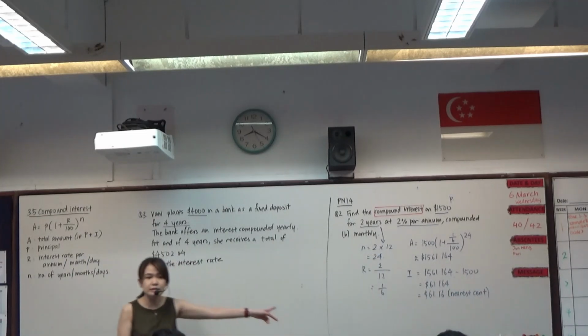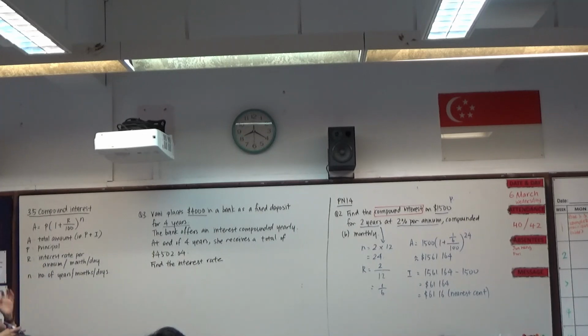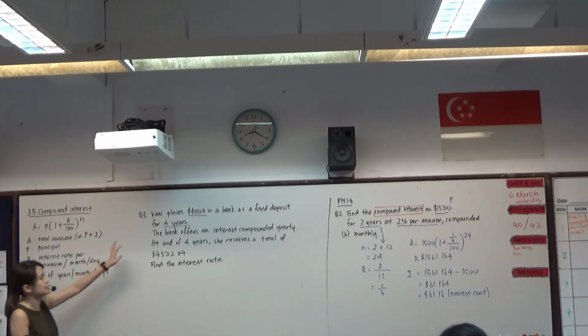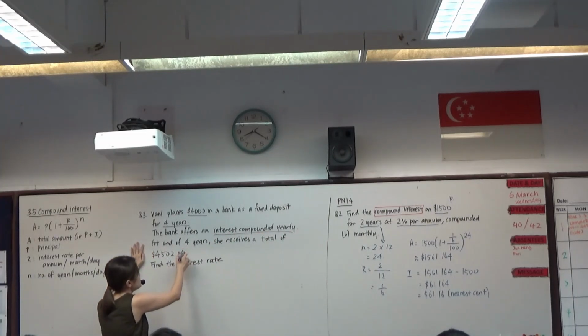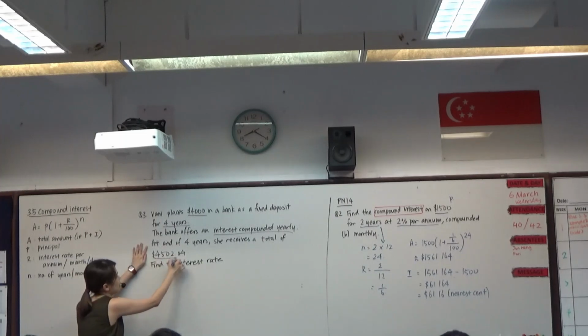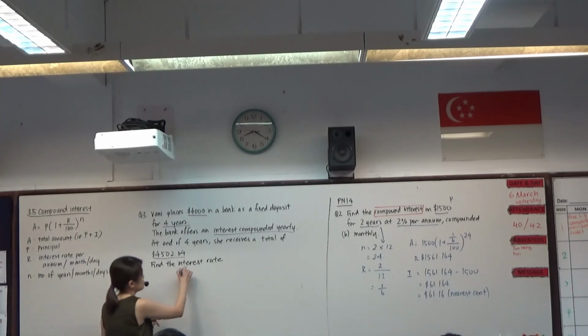So, any other questions? Right, we look at question 3. Buddy places $4,000 in the bank as a fixed deposit for 4 years. The bank offers an interest compounded yearly. At the end of 4 years, she receives a total of 4502.04. The question is asking for interest rate.